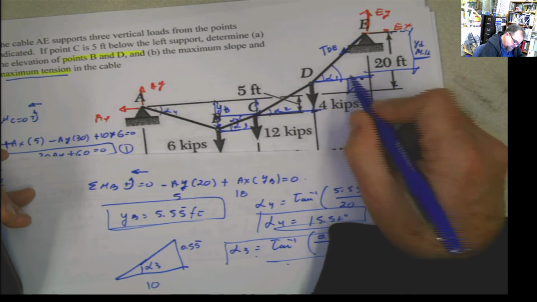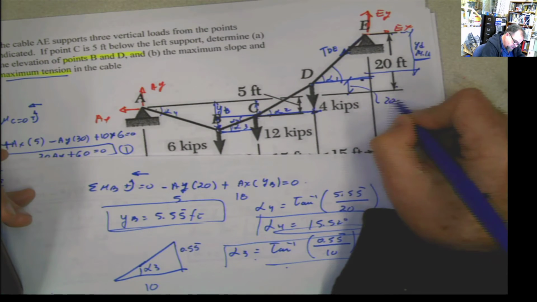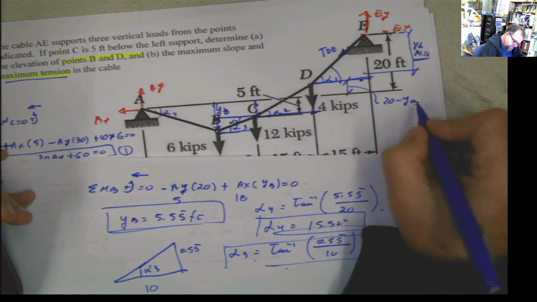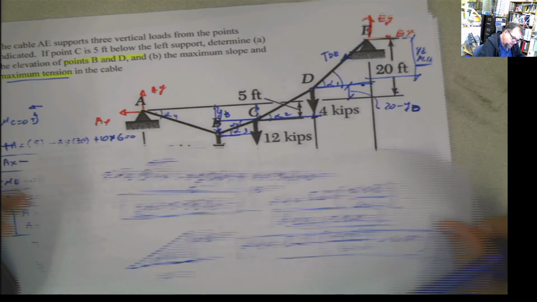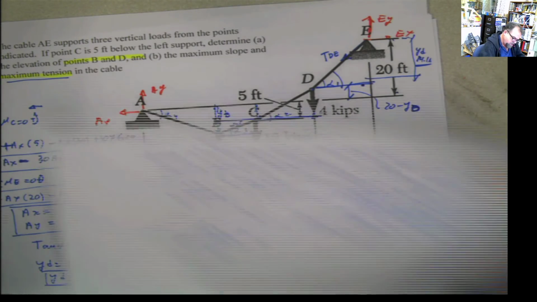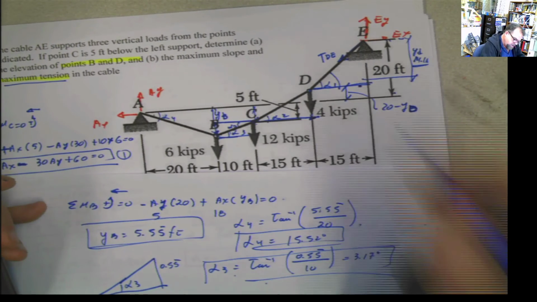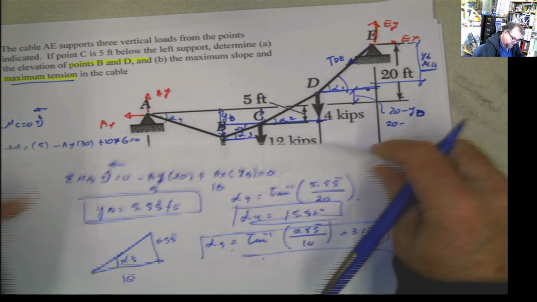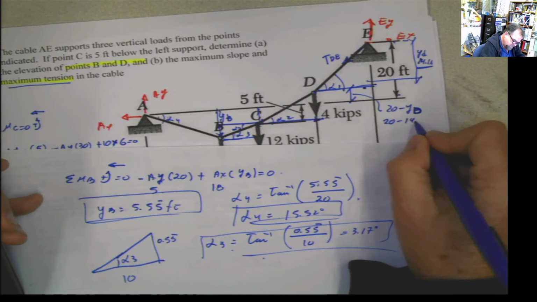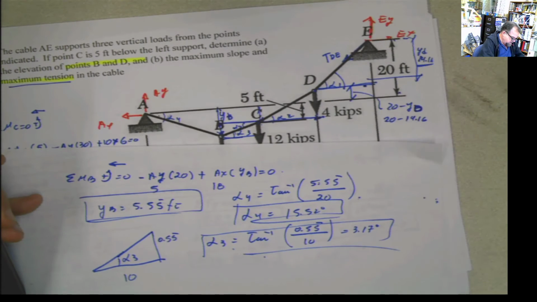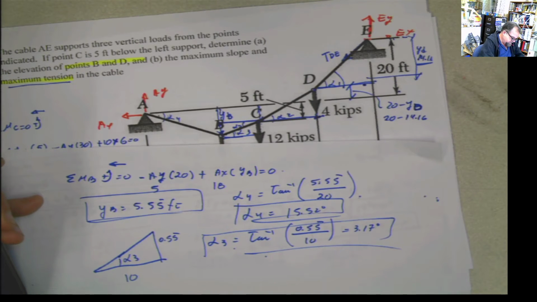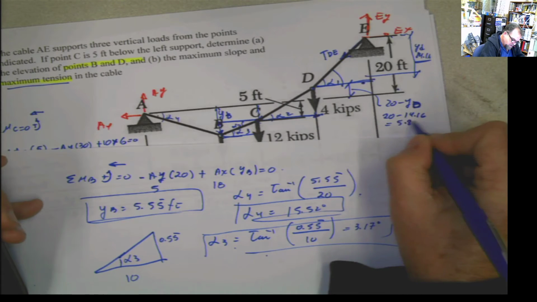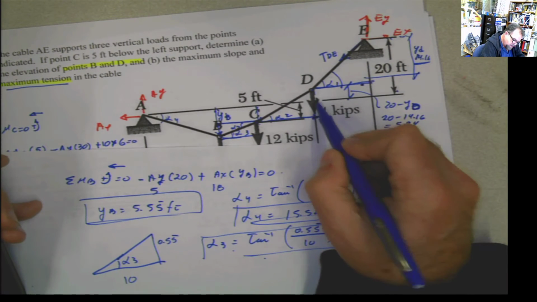So this distance here is going to be 20 minus YB, and YD, which we calculated before as being 14.16. So this is going to be 20 minus 14.16, so that distance is 5.84.